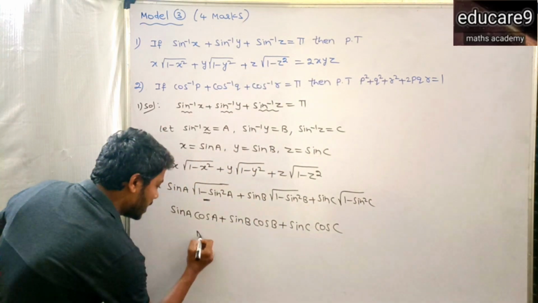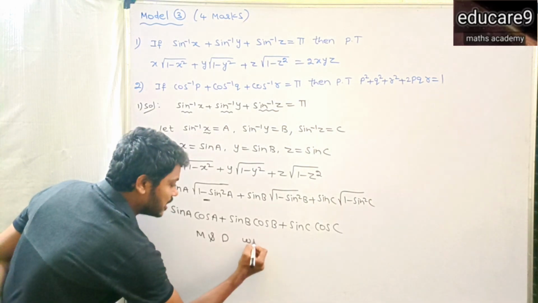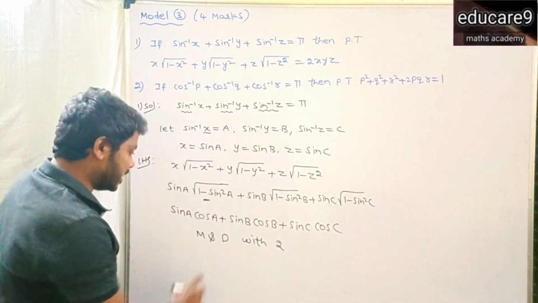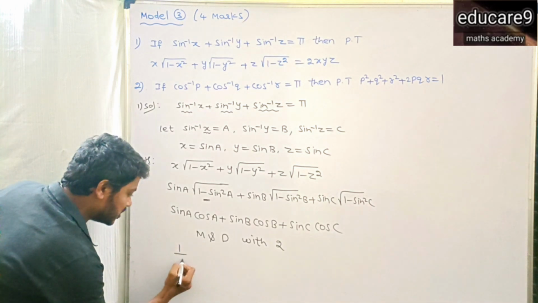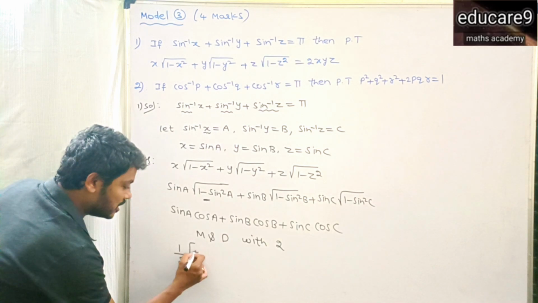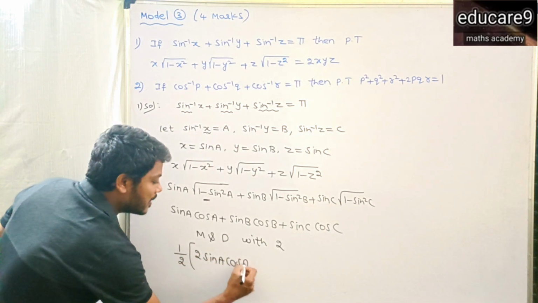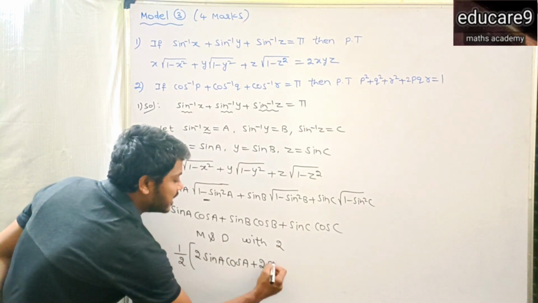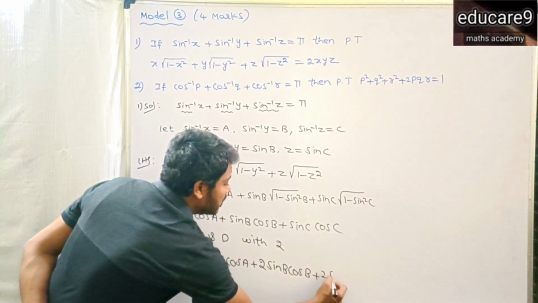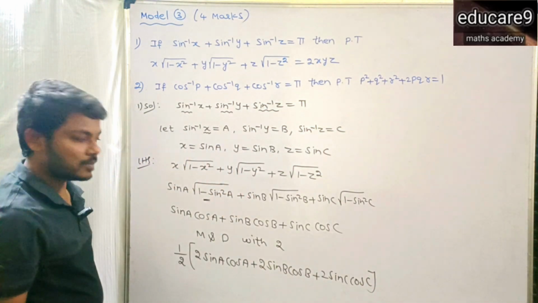So clearly it becomes: first divide by 2 and multiply with 2, that is 2 sin A cos A plus 2 sin B cos B plus 2 sin C cos C.